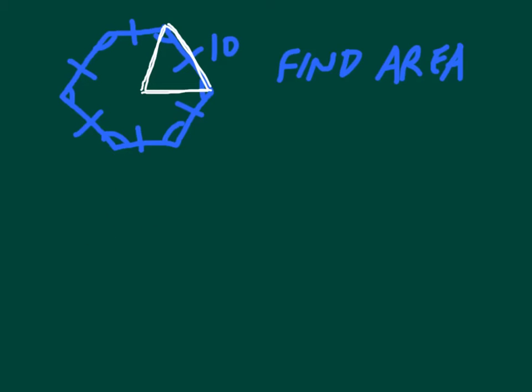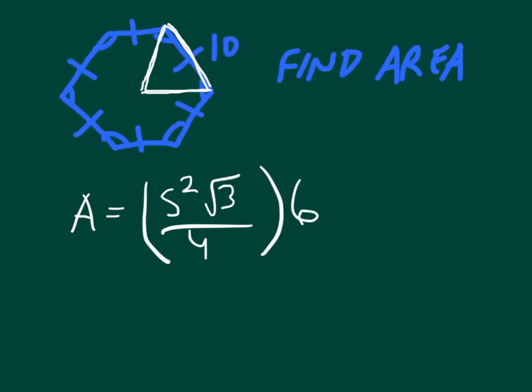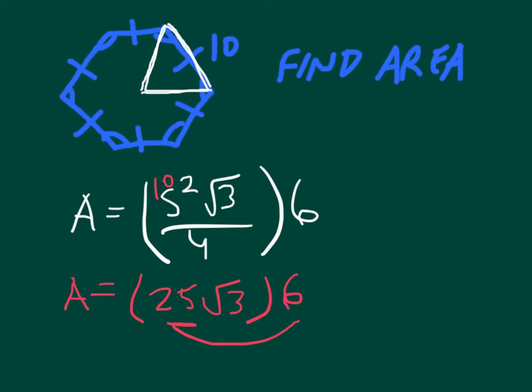Basically, when I'm finding the area I'm going to do side squared √3 over 4, and then I have 6 of those when I'm done. I did this a minute ago, with a 10 in there. I got 25 √3, and now I have 6 of those. The key here is only the number out in front gets multiplied by 6 based on old rules. What is that, 150 √3? And that's in square units as well.